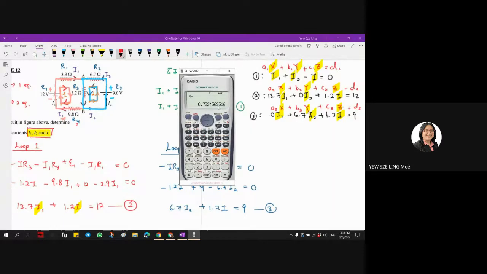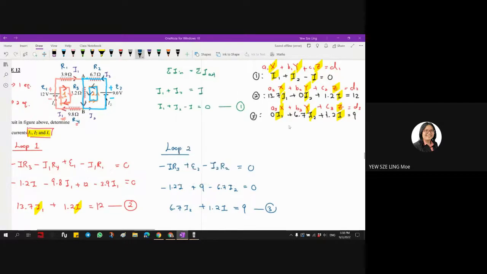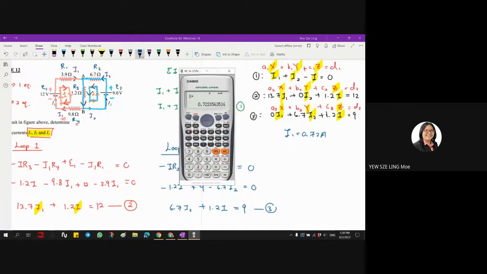So your I1 is 0.72. Okay, 0.72. That is your I1 because it's your X. So I1 equals to 0.72A. And then you enter one more time. This is your Y. Y is your I2. I2 is 1.03A.